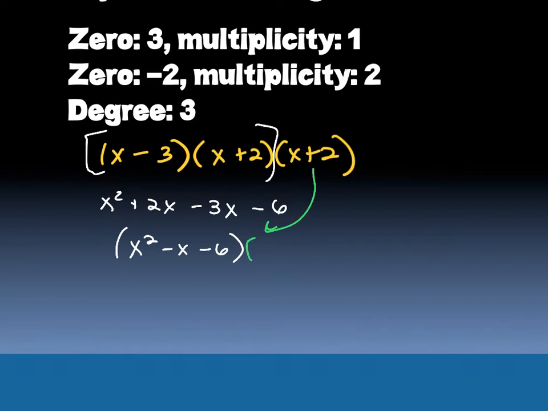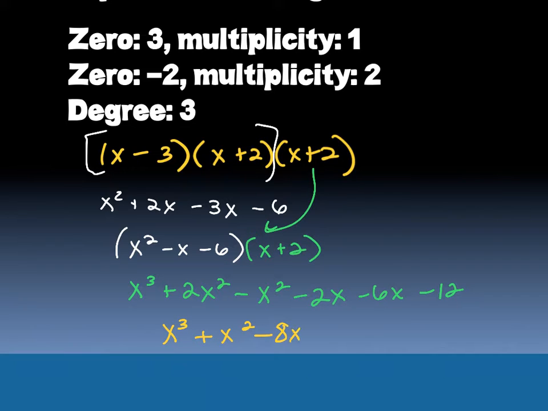And then I'm going to bring this one down and multiply it out. x to the 3rd plus 2x squared minus x squared minus 2x minus 6x minus 12. x to the 3rd plus x squared minus 8x minus 12.